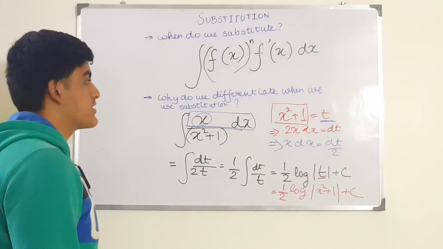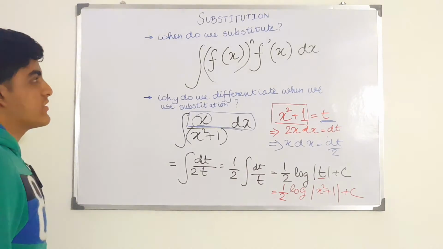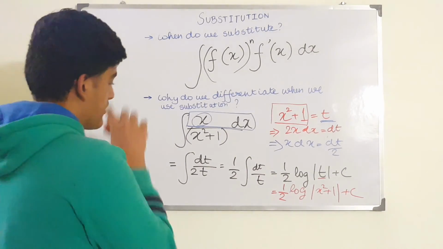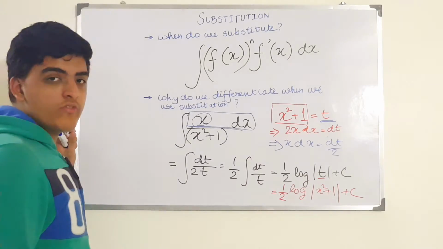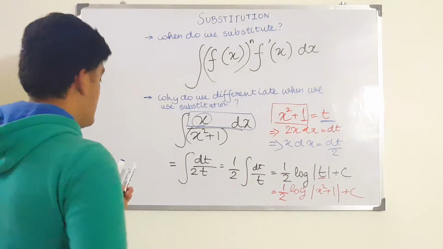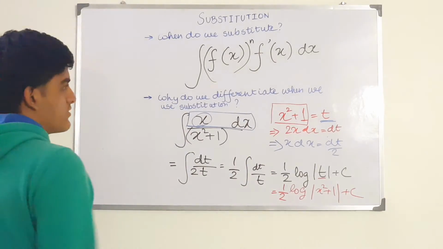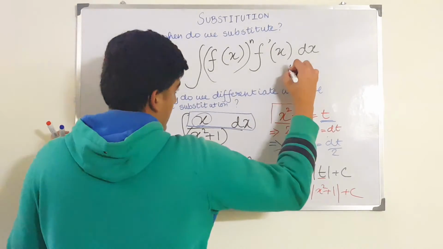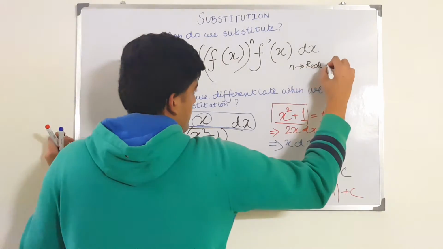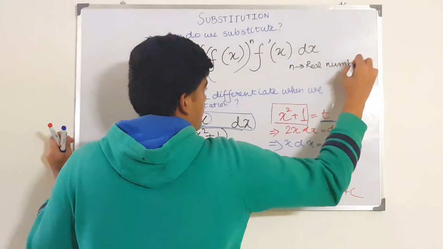There might be a few other methods, but the simplest one is substitution, definitely. So whenever we find this case arising, this n can be a negative integer since it's a real number. n is a real number, so it can literally be any number.